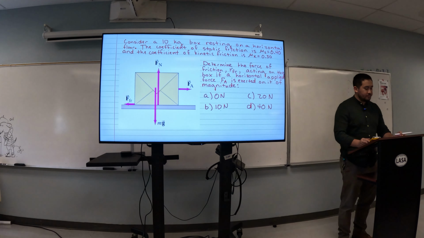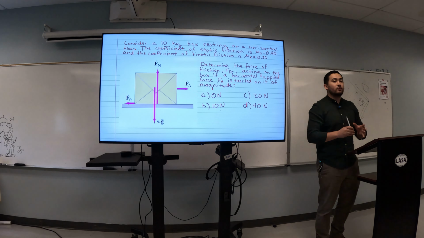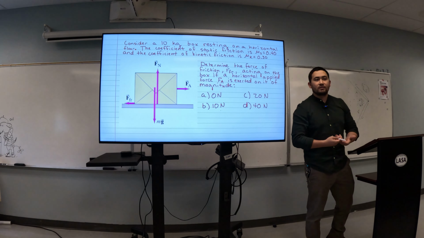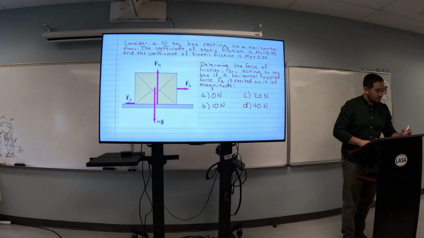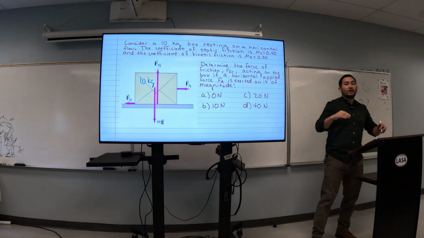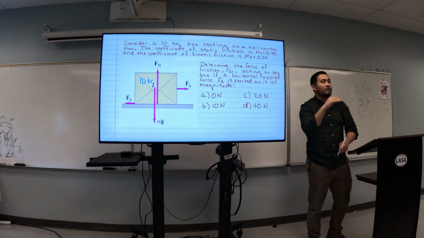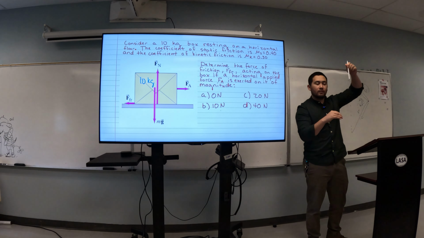Let's consider a situation. Remember, guys, when an object is not moving, its forces must be balanced. Let's consider this 10 kilogram box. It's resting on some horizontal plane, so I know that whatever force due to gravity is pushing down, the normal force must be pushing up with the same magnitude. Agreed? Very good.